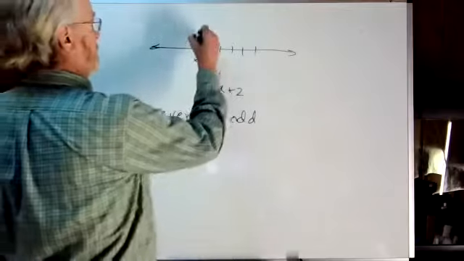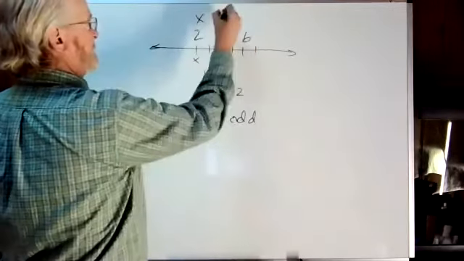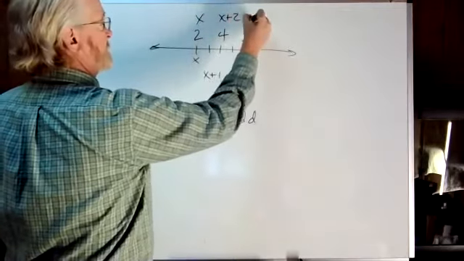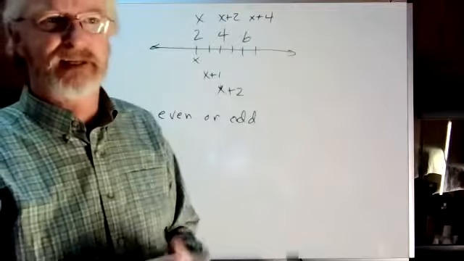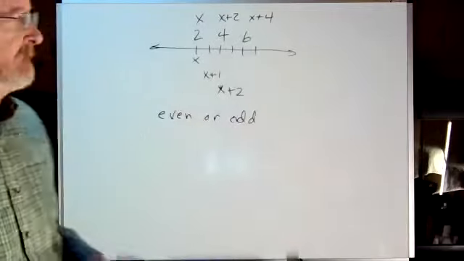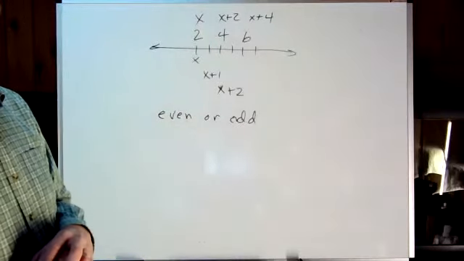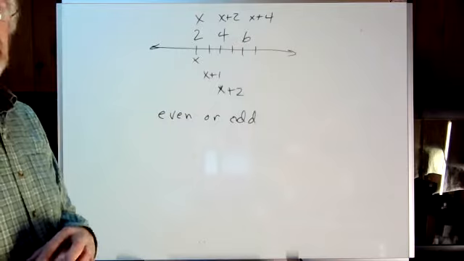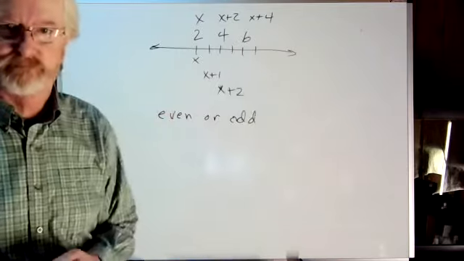If this is 2, 4, 6, that's an x, this one's x plus 2, this one's x plus 4. So if the problem describes even or odd, you've got to recognize you're jumping by 2. Again, the problem usually asks you to add them up, and it equals a final value.